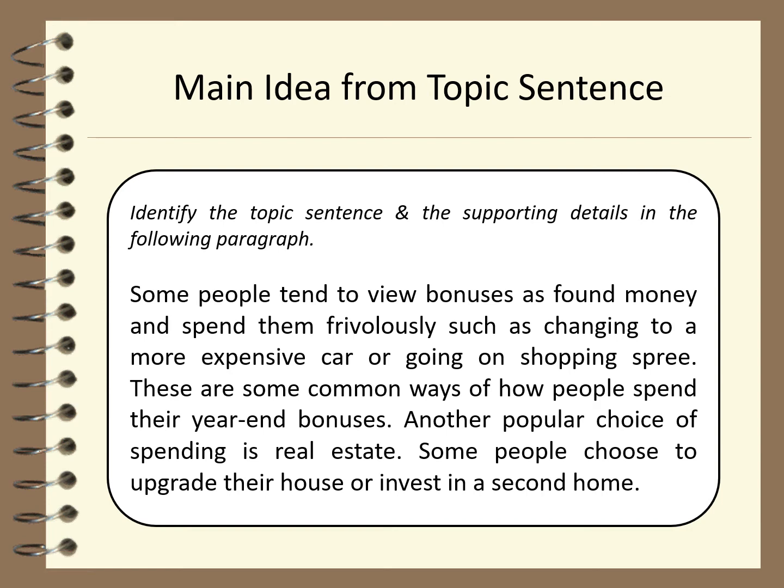So what are the ways? The ways could be changing to a more expensive car. The ways could be going on a shopping spree. The ways also could be spending on real estate. Those are simply the explanation or the examples. So those are supporting points that support the main idea just now.